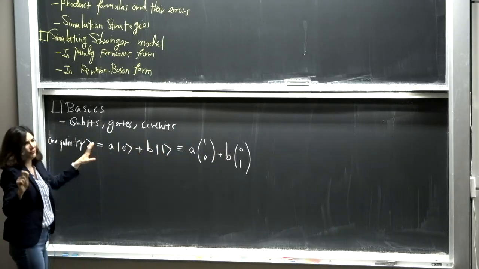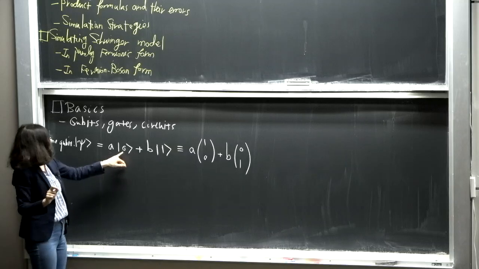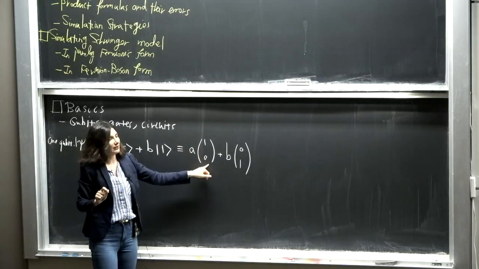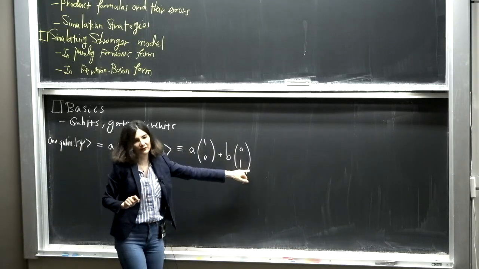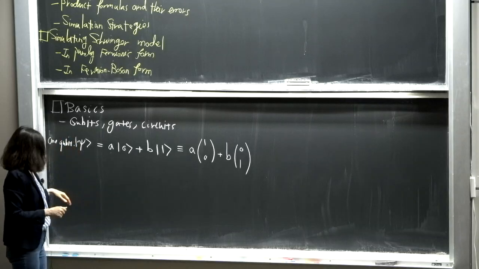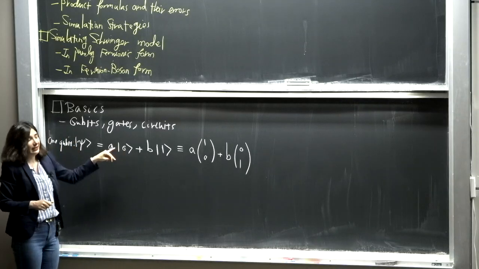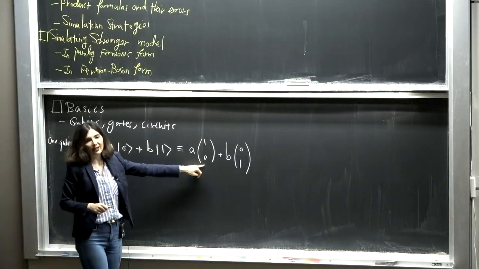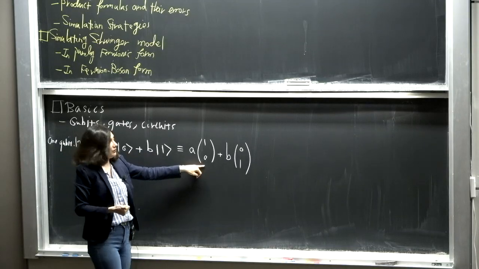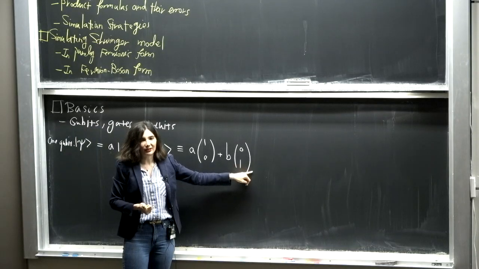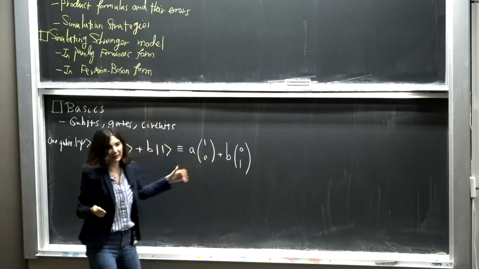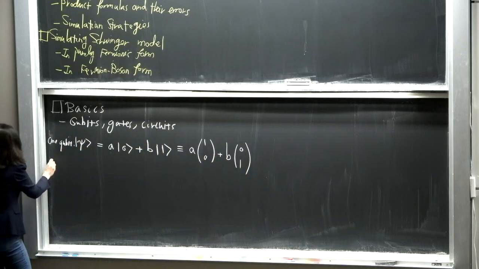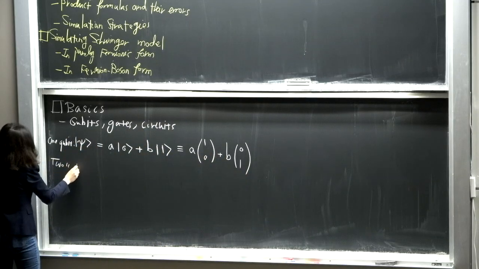So this is called the computational basis, and you get used to it. So |0⟩ is the one that comes with (1, 0), and then |1⟩ is the one that comes with (0, 1), just by convention. OK, so if you have a sigma z operation acting on this state, it is going to give you a positive eigenvalue. If you have a sigma z that acts on this state, it's going to give you a negative eigenvalue. That's the convention.